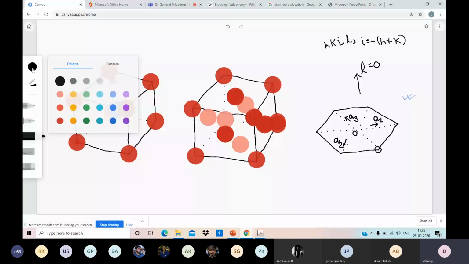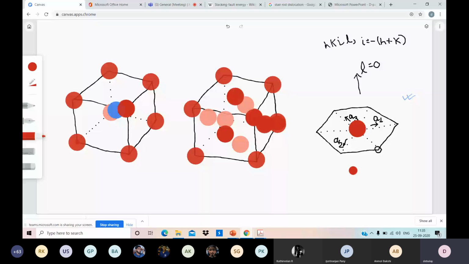Suppose I am bringing the face center atom of the basal plane from the center to the corner position. This is a perfect movement. You agree or not? Yes, sir.